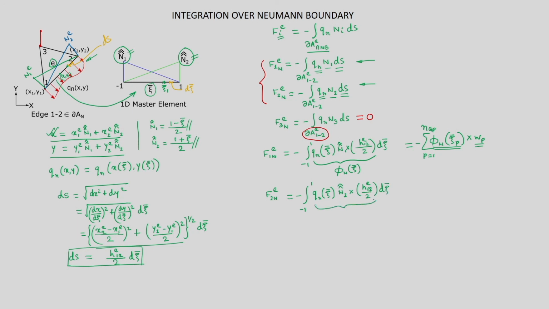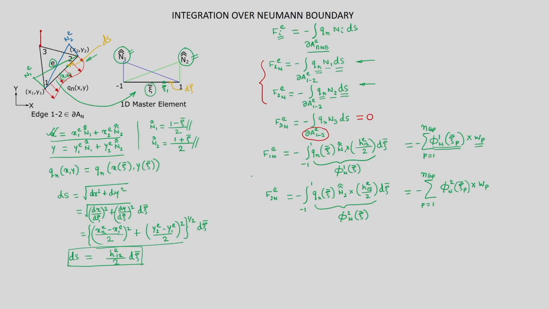Let us put the integrand as phi 2n, a function of xi bar. So we will be evaluating phi 2n at the Gauss point xi bar p, multiplying with the weight wp, where p goes from 1 to the number of Gauss points ngp.